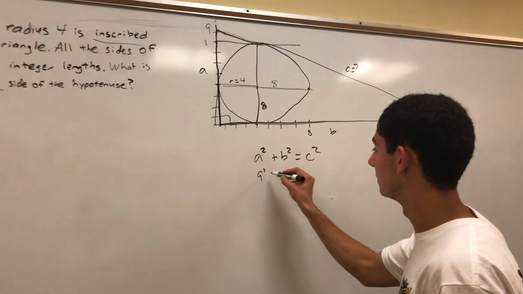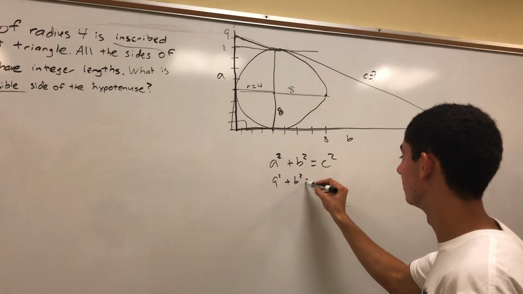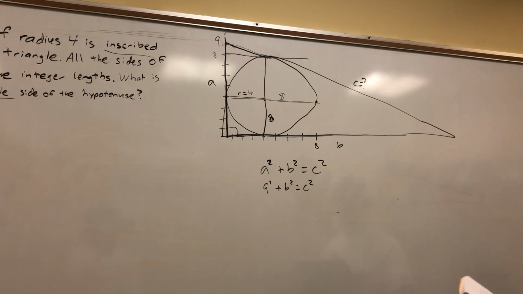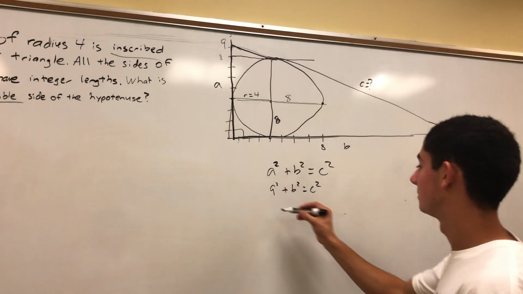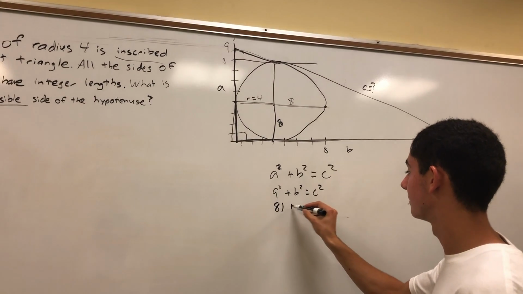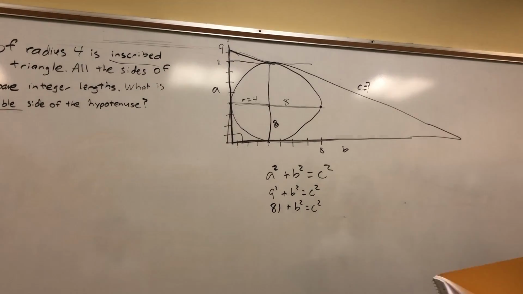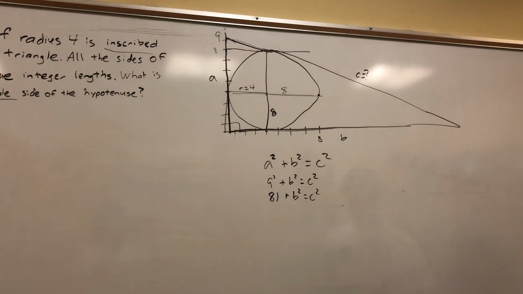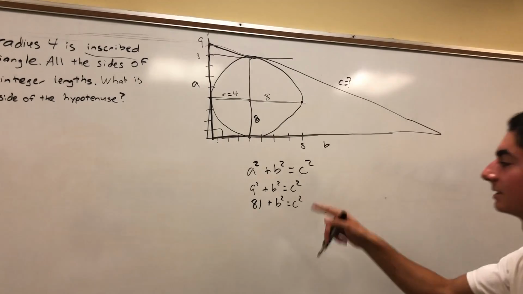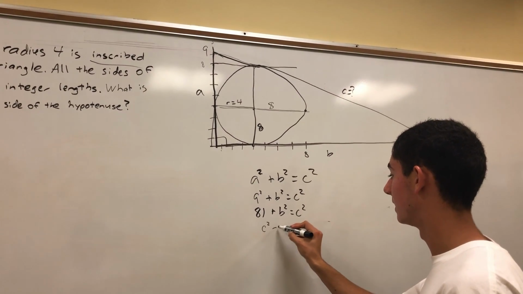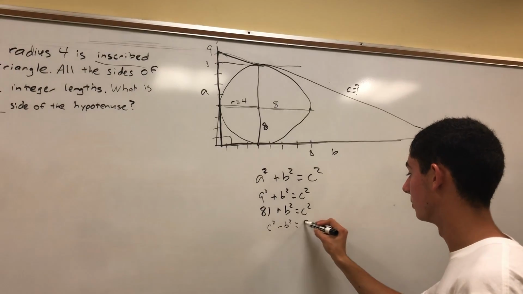So 9 squared plus b squared equals c squared. Well, 9 squared is 81. And of course, we can rearrange this, so we can say c squared minus b squared equals 81.